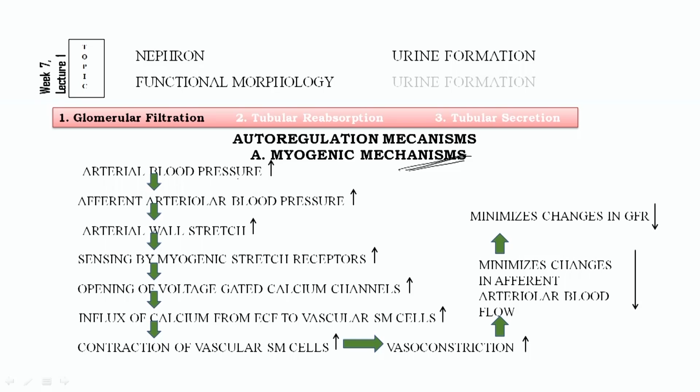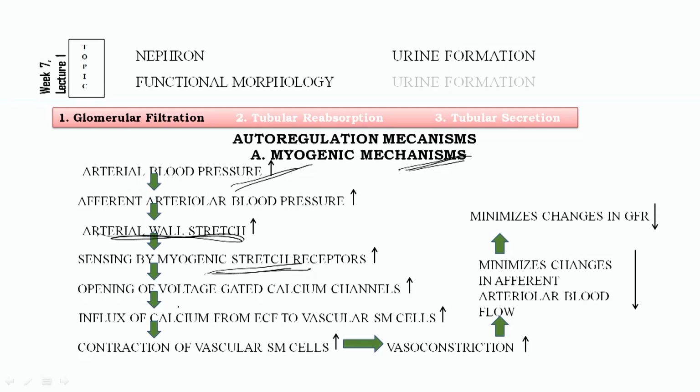Whenever there is a pressure increase, BP increases, that causes stretch of the arterial walls. As a result, the pressure receptors present in the arterial walls will sense that and send a signal. So those are the myogenic stretch receptors.